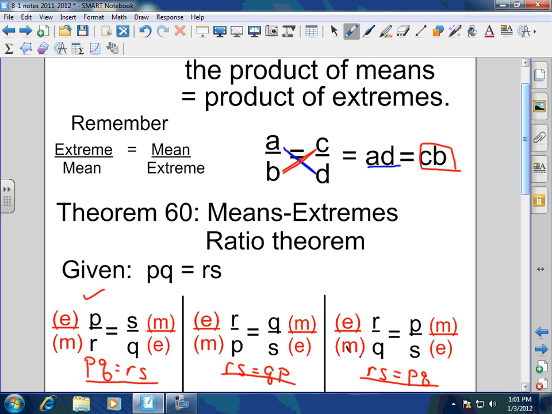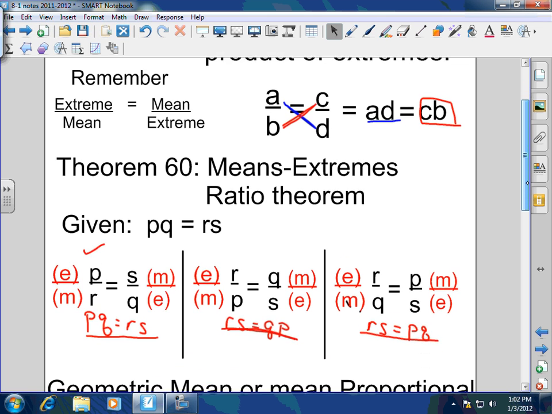You could make the extremes R and S and make the means P and Q. You're still going to get RS equals QP. Or you could have changed R over Q equals P over S because you're still going to get, again, RS equals PQ. Does that help, sir? Thank you. Does that make sense, gentlemen? All right. Awesome. Let us continue.